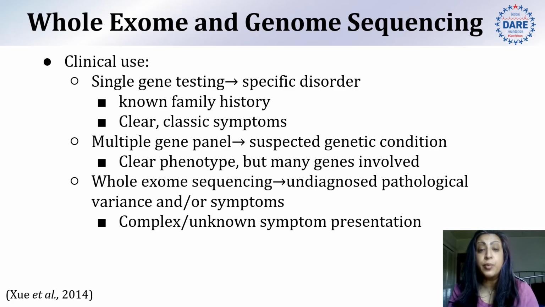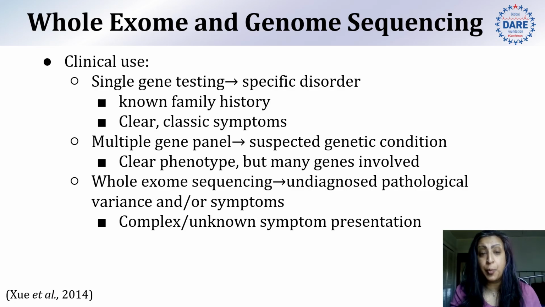So let's quickly recap where this type of targeted genetic testing fits into diagnosing a rare disease. When we are using single gene testing, we are typically looking at a very specific disorder.